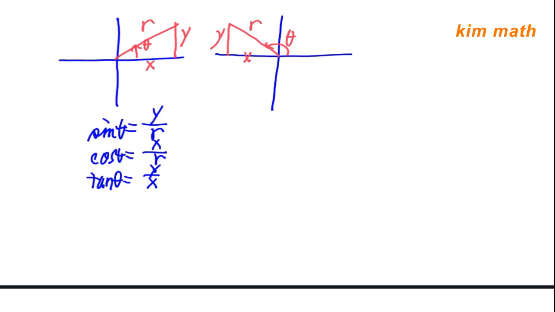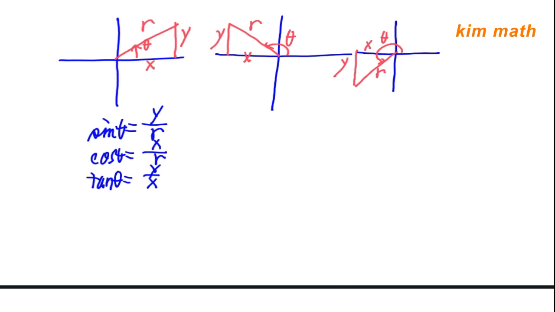Okay, and if your angle is in the third quadrant, now can you construct a triangle? This is theta, again this is y, this is r, this is x.